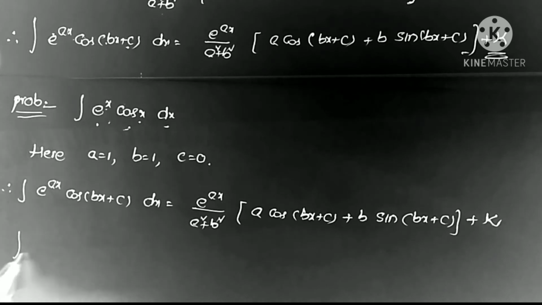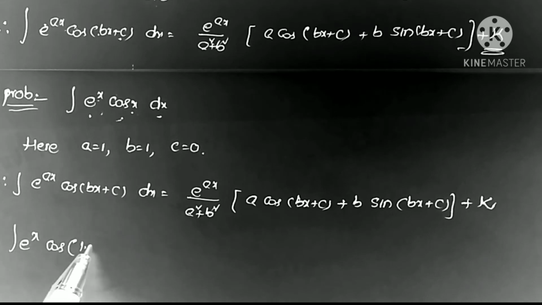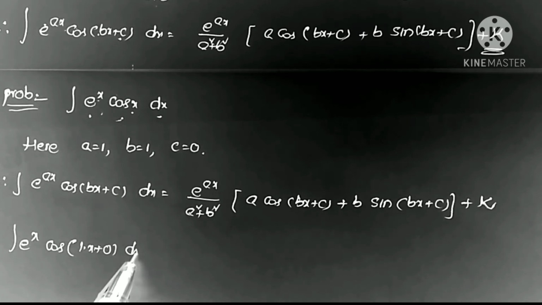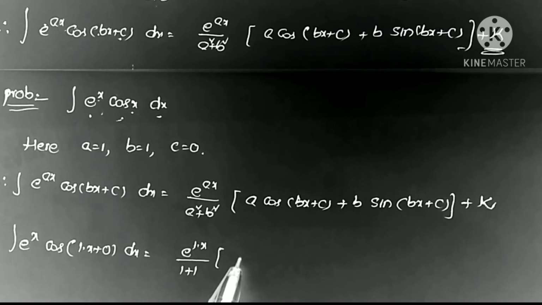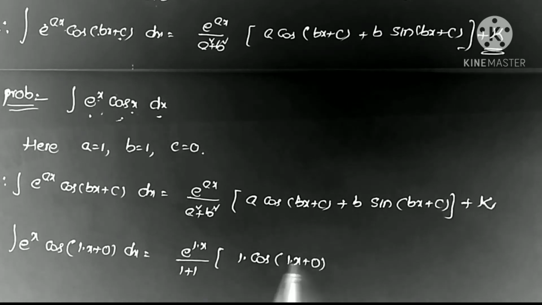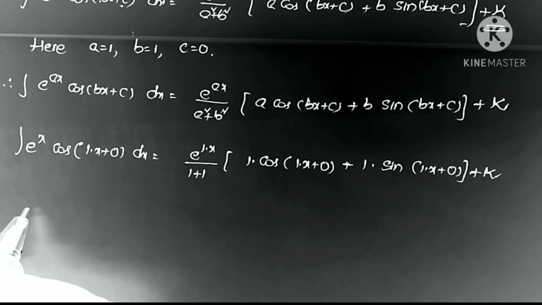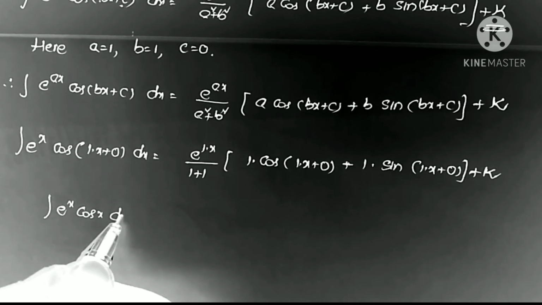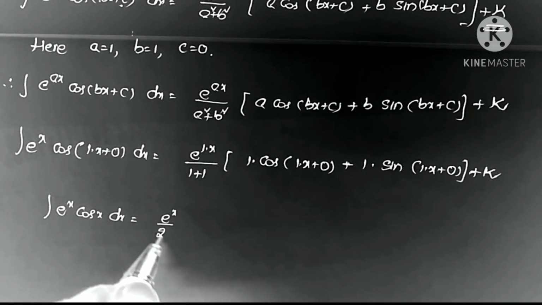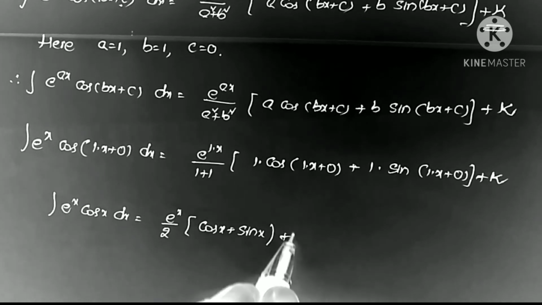Now replacing the values, integral e^(1·x) into cos(1·x + 0) dx is equal to e^(1·x) by 1² + 1² into [1 cos(1·x + 0) + 1 sin(1·x + 0)] plus k. So integral e^x cos x dx is equal to e^x by 2 into (cos x + sin x) plus k. That's all, this is the answer.